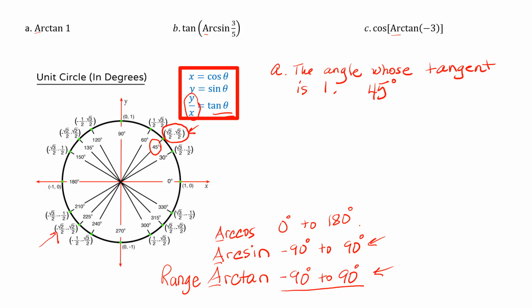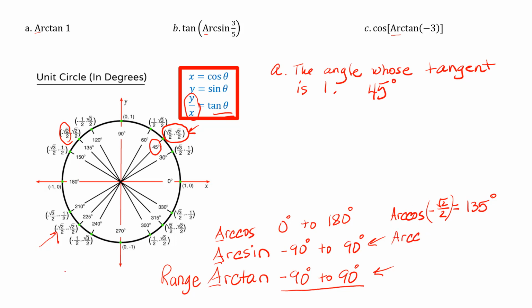That doesn't really apply to this particular problem, but if we had something like the angle whose cosine is negative square root of 2 over 2, for example, that would have to be 135. Because that's the only angle whose cosine is negative square root of 2 over 2 in the range 0 to 180.